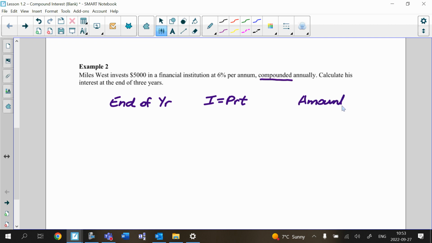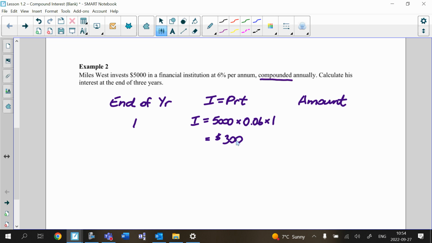So at the end of year one, we calculate his interest by doing $5,000, how much he invested, times the interest rate as a decimal, times 1 year. And we get $300. So he earns $300 at the end of the first year.